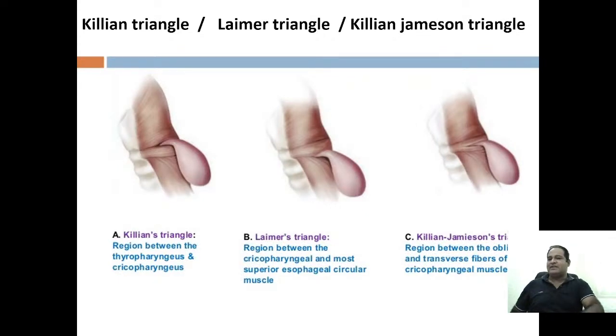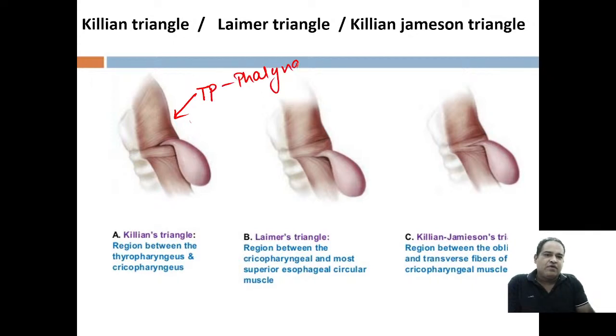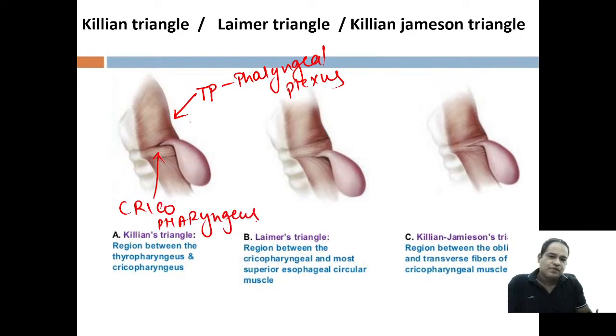See, these are the other dehiscences. This muscle, as you can see, is thyropharyngeus, which is supplied by the pharyngeal plexus. This muscle is cricopharyngeus, which is supplied by the recurrent laryngeal nerve. If the dehiscence is between these two muscles, it is Killian's triangle.